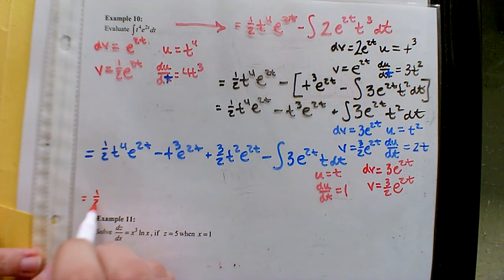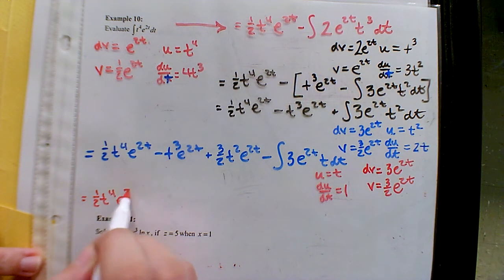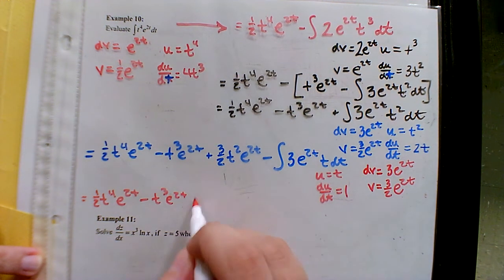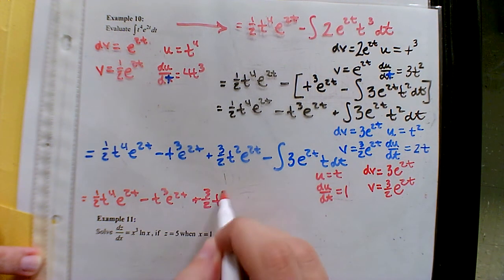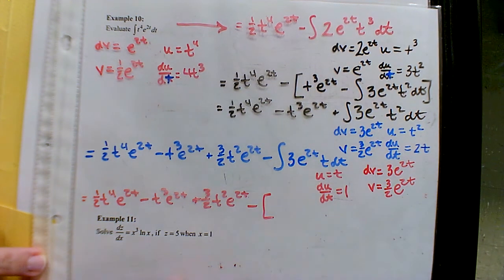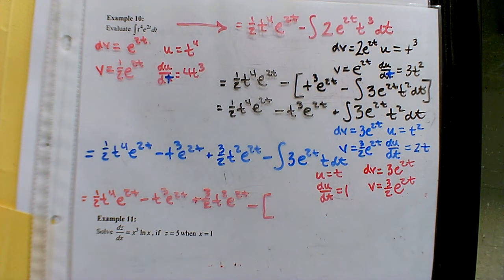All right, 1/2 t to the 4th e to the 2t minus t cubed e to the 2t plus 3/2 t squared e to the 2t minus bracket, because we're going to have to distribute that negative.